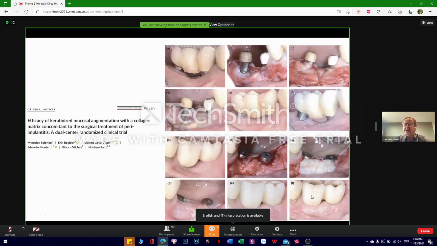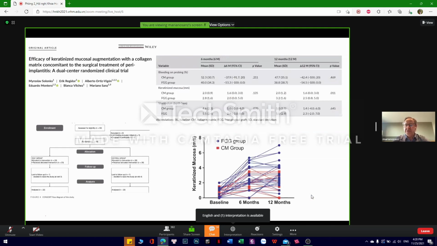And we combine the apically positioning of the flaps to access and decontaminate these implant surfaces with the placement of, in this clinical trial, either a collagen matrix or a free gingival graft.